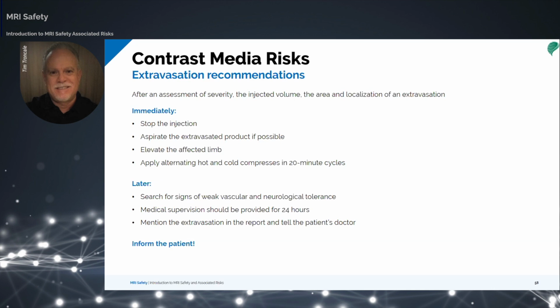The affected arm should be elevated, and then both cold and warm compresses alternating in 20-minute cycles can be applied. Be sure to explain to the patient what happened and provide follow-up instructions for care. All cases should be documented in the patient's chart and reported to their referring physician. Later, usually within 24 hours, the injection site can be evaluated.